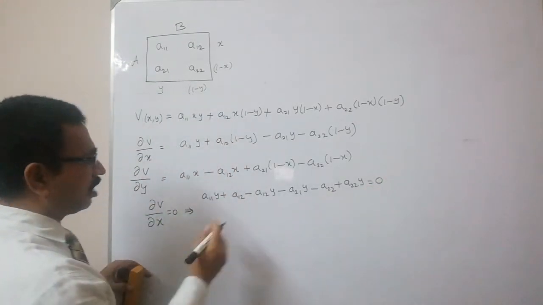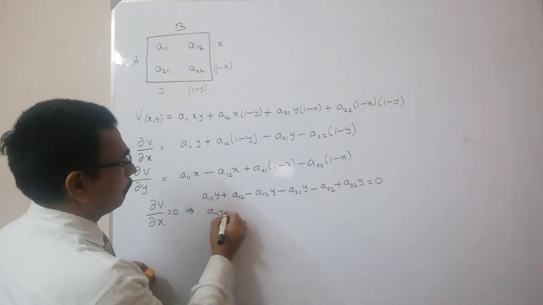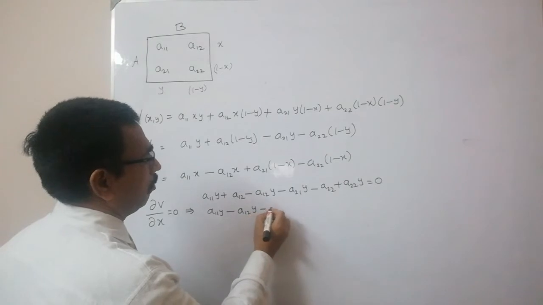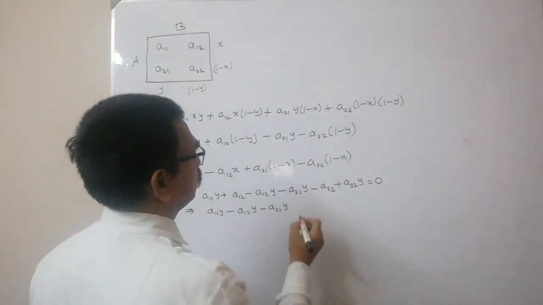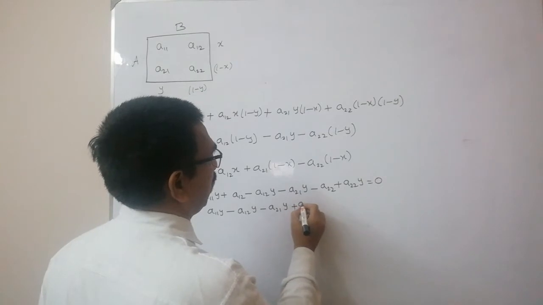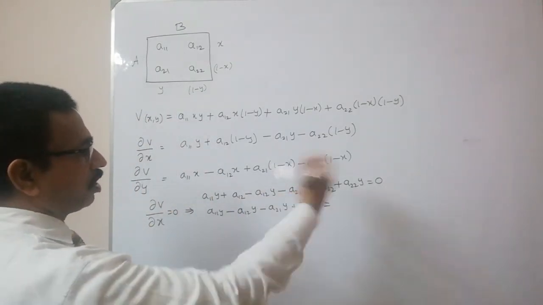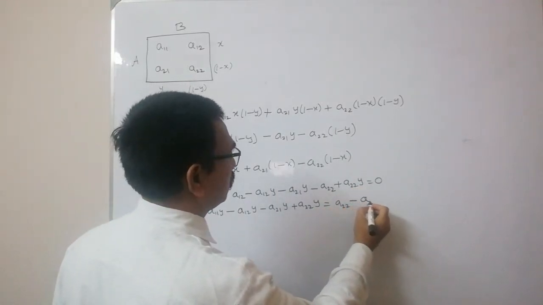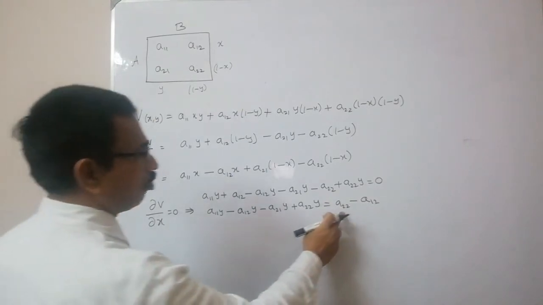Now rearranging the terms, we have a11 y minus a12 y minus a21 y plus a22 y equal to, we can send these two terms to the right side, a22 minus a12.